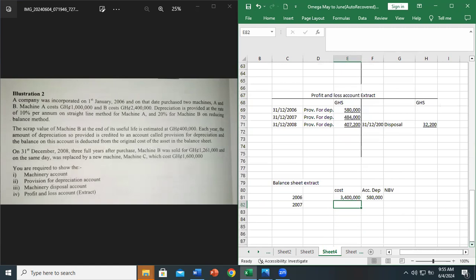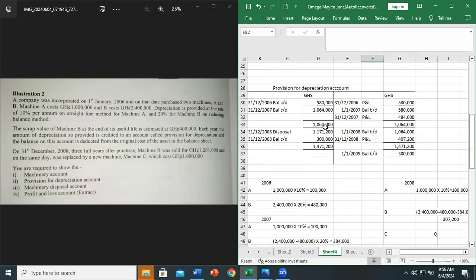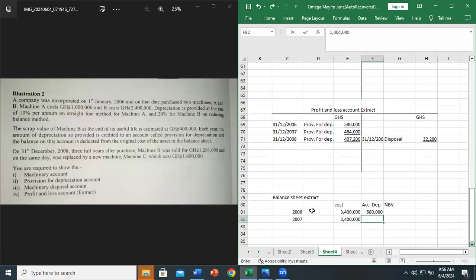So it's very simple. Balance carried down in the asset against balance carried down in the provision for depreciation account. So let me do that for 2007. 2007 carried down for depreciation is 1,064,000. Good.